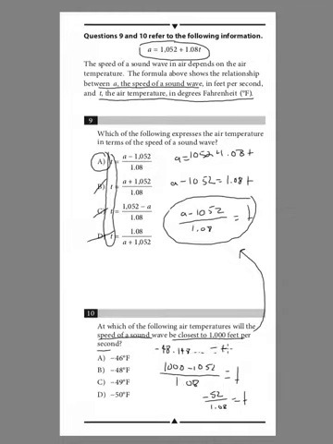There's no exact negative 48.148 among the choices, but it's asking for closest to 1,000 feet per second, and the closest one is our answer right here. So we successfully solved questions 9 and 10, which relate to each other given an information set.